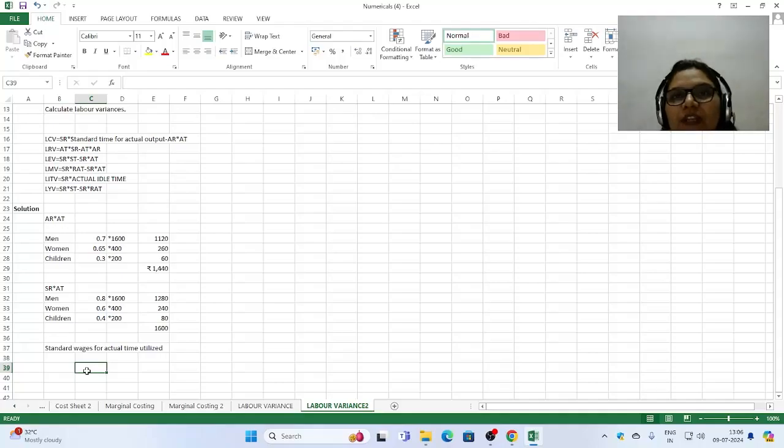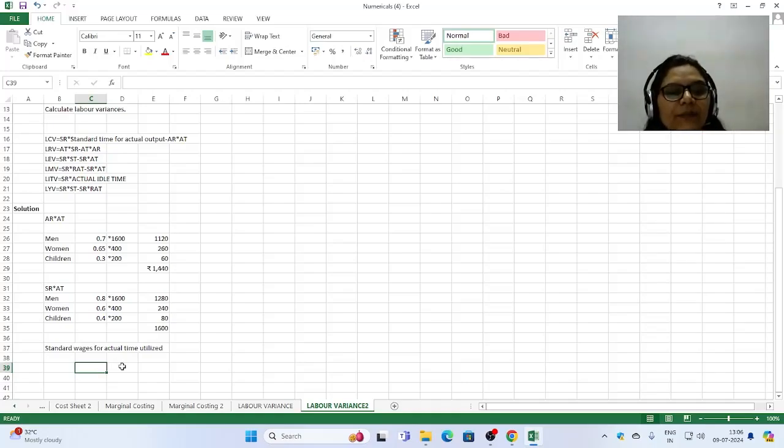Because in case of labor variances, we have the additional concept of idle time. So, considering the fact that labor doesn't do whole work and is not busy minute to minute, there is certain idle time which is always there. So we need to be very careful how much actual time has been utilized by the labor while doing any sort of work, and therefore actual time utilized is very important for understanding the standard wages.